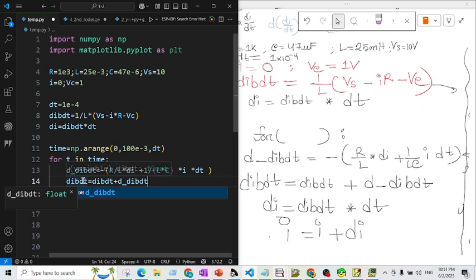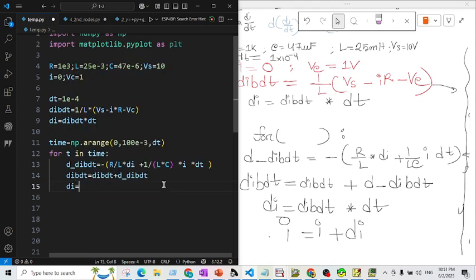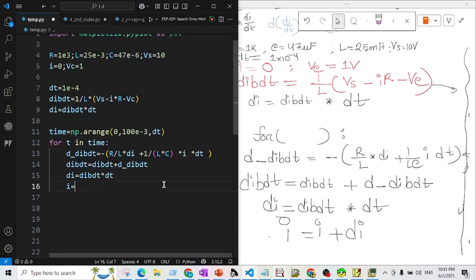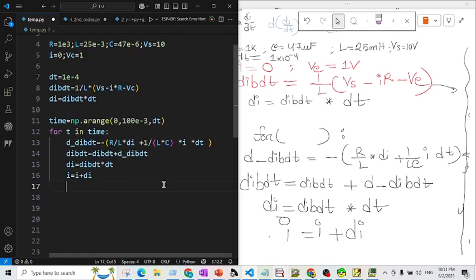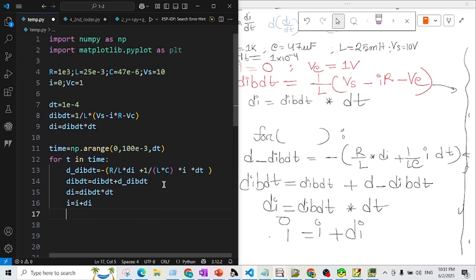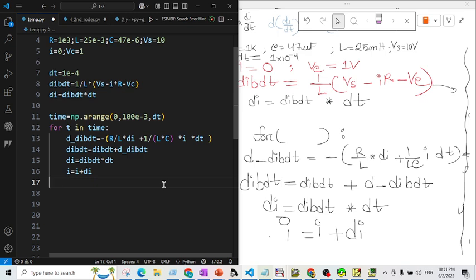So I have updated di by dt. That means I will get a new di, which is di by dt times dt, right? And I will get a new I, which is I plus di. Okay, so my code is done. Maybe I haven't made any mistake.